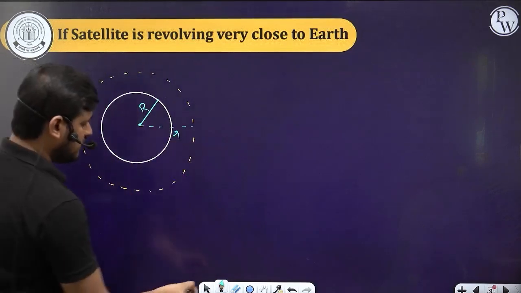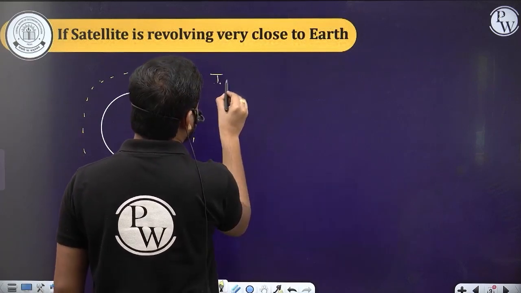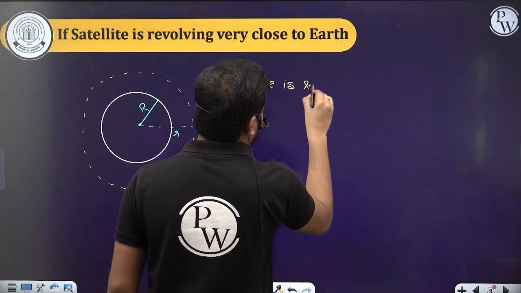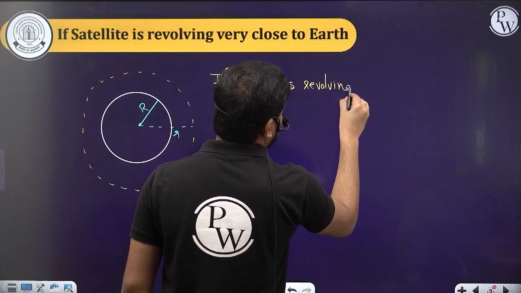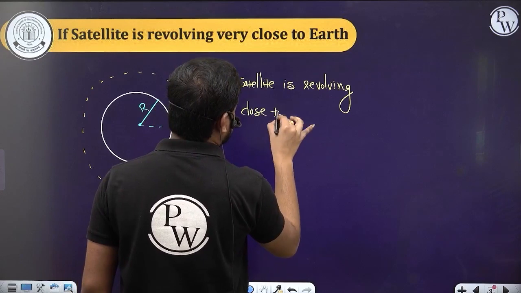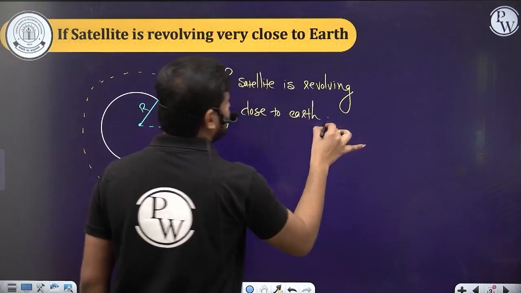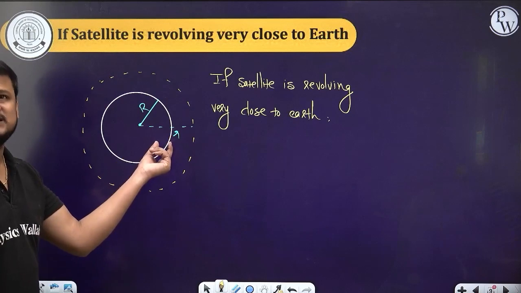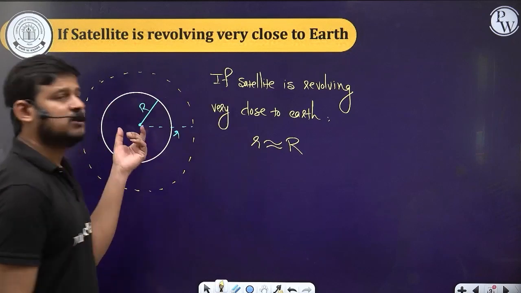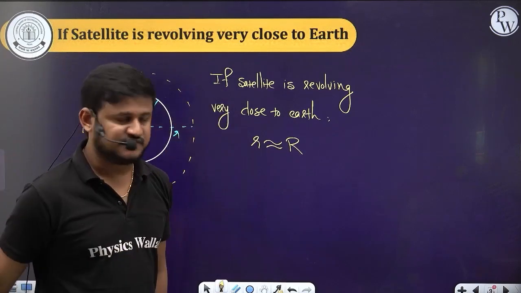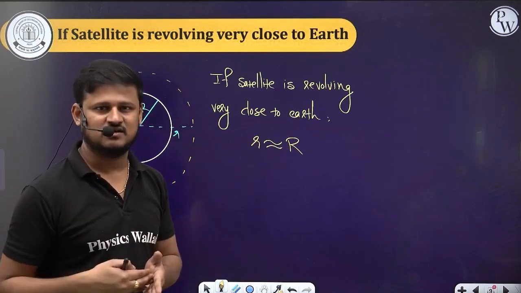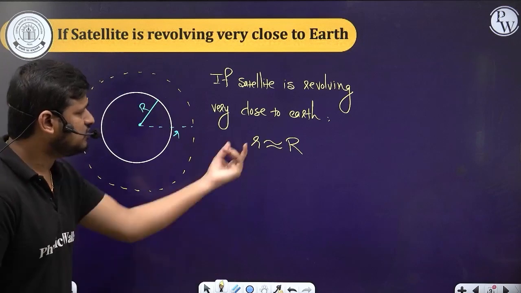Now if the satellite is revolving very close to earth, in such cases the small r distance is approximately equal to the radius of the earth, because it is revolving very near to the earth's surface. So the radius of the earth will become the distance between the center of the earth and the satellite. So the small r will be approximately equal to R.